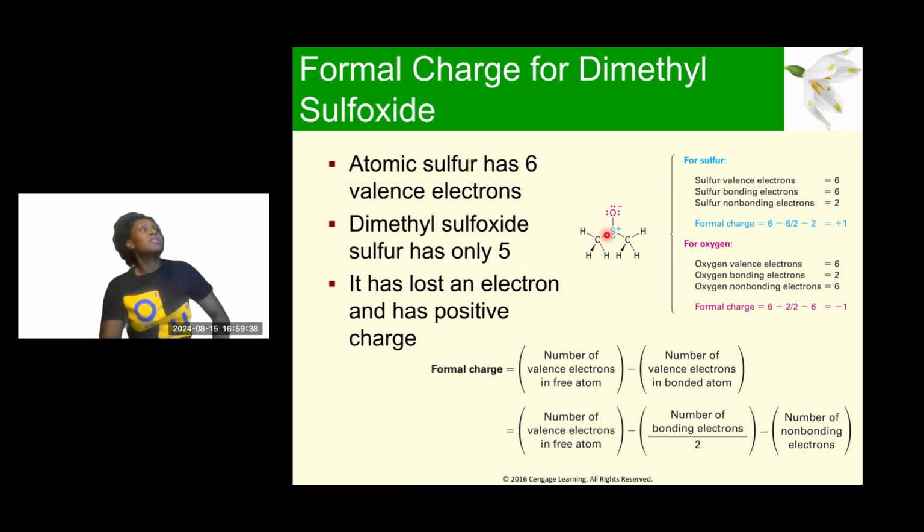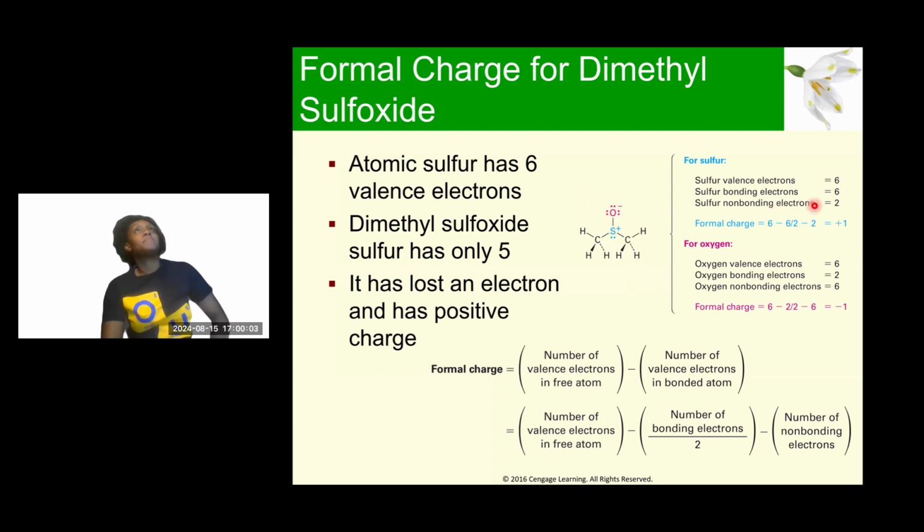You can see this bond here, and this bond here. Each of these bonds is donating 1 valence electron of the sulfur. And then you have the 2 lone pairs here, so you have 1, 2, 3, 4, 5. That is because it has lost an electron and now has a positive charge. The extra electron is actually being pulled away onto the oxygen.